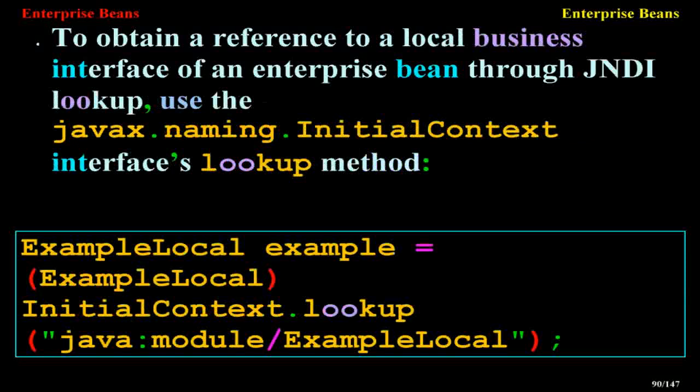To obtain a reference to a local business interface through JNDI lookup, use the javax.naming.InitialContext interface's lookup method. Example example = (Example) InitialContext.lookup("java:module/Example").